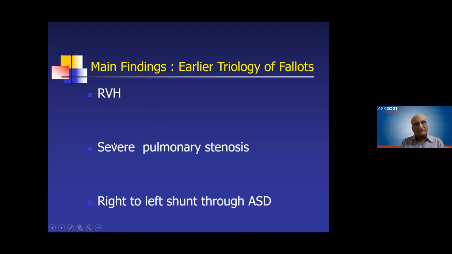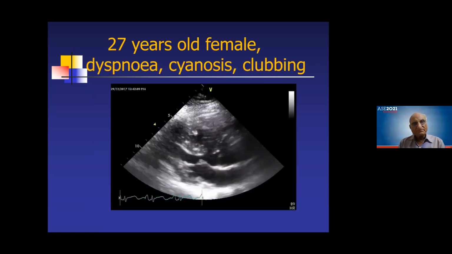So this becomes a trilogy. But now sometimes they call it a severe pulmonary stenosis with a right to left shunt at the atrial level. So you have seen all forms of Fallot's tetralogy and should not forget them now. So this was what we discussed was Fallot's.